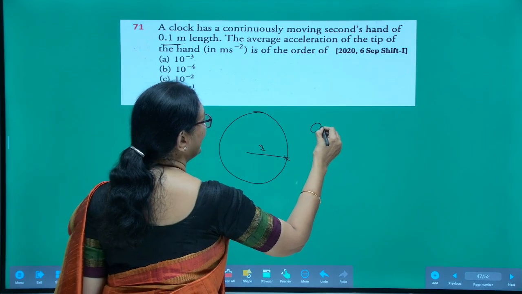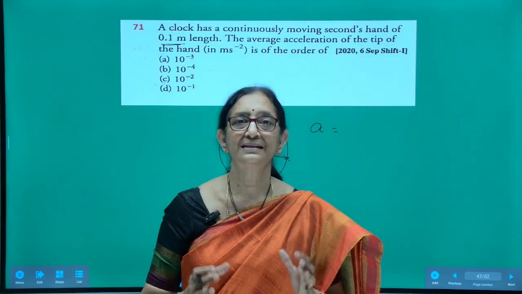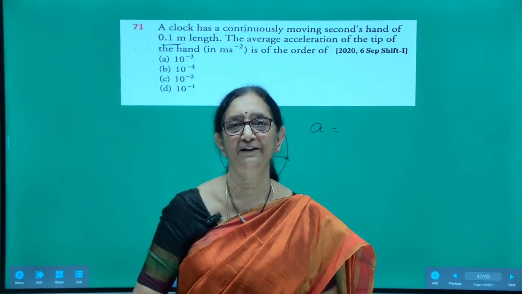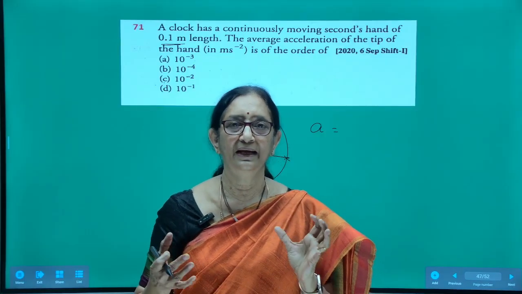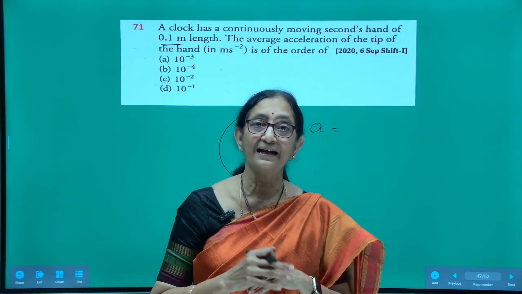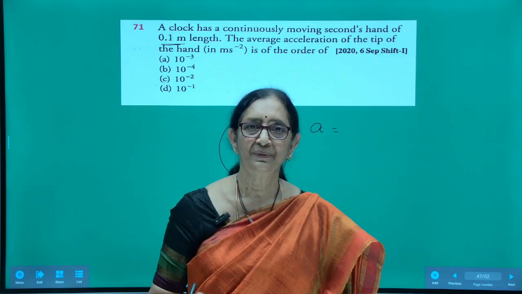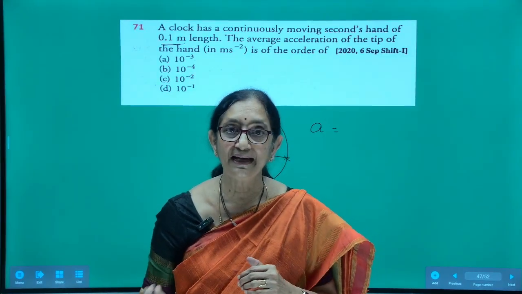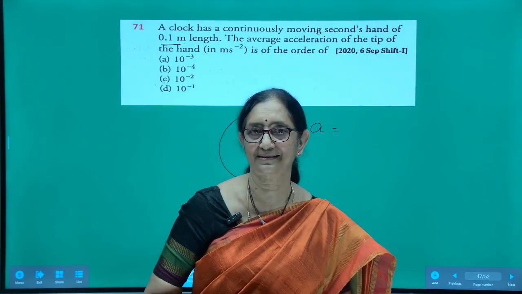So average acceleration is nothing but centripetal acceleration, because if it is moving with constant speed, its angular velocity is constant and the tangential acceleration is 0. So the net acceleration is equal to the radial acceleration, which we call centripetal acceleration.